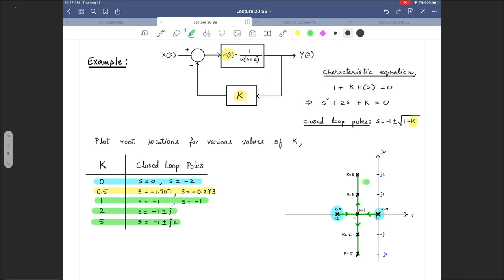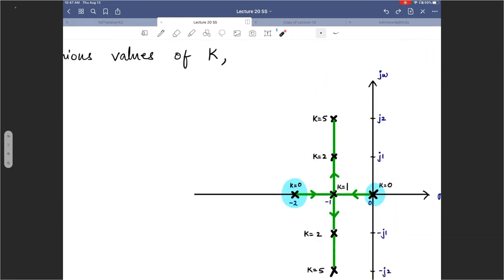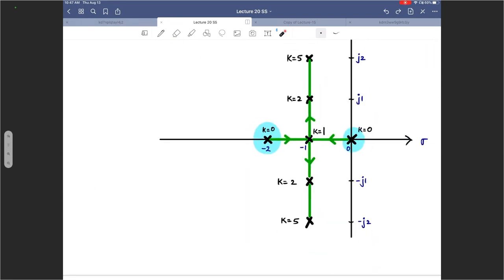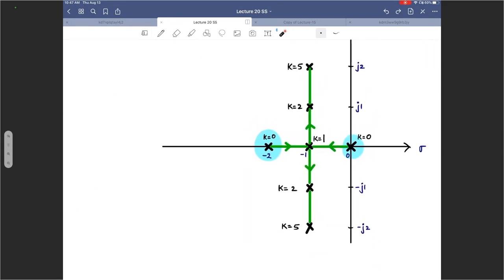Now, if you go even further and increase it to 1 and 2 and 5, and substitute those corresponding values in the closed loop pole locations, you will see that one pole will move from here and come towards the other pole, but at s equals -1, they will break away from the real axis. One pole will go up and become complex, the other pole will go down and become its complex conjugate.